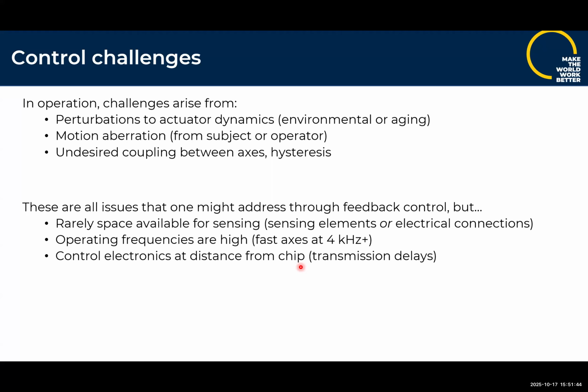Operating frequencies are high, at least relative to most large scale systems. Resonant frequencies are typically in the few kilohertz range and sometimes into the tens of kilohertz range. And by and large, our electronics are not built into the distal end of the endoscope.